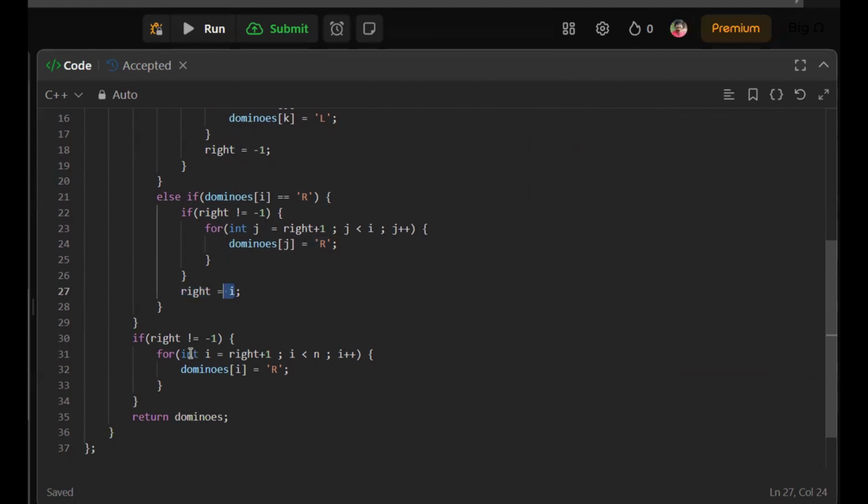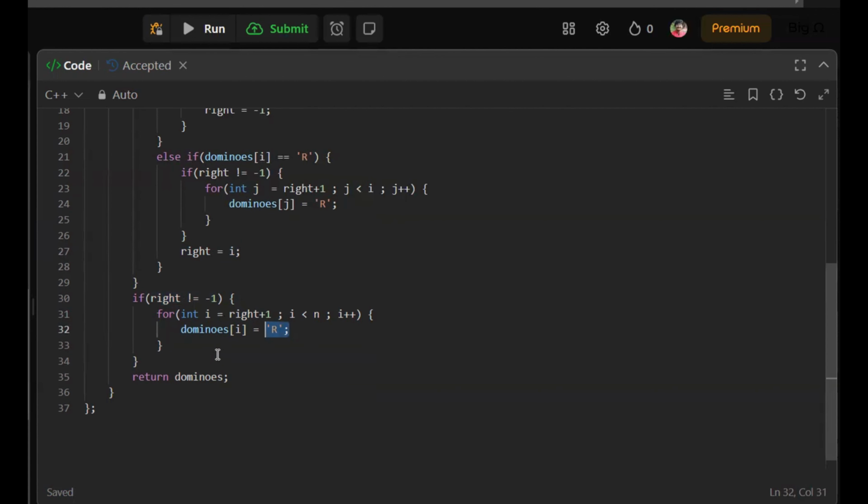Now again, we have to check if our right pointer is not reset till now, the final check. That means we have several elements on the left side that can be moved to the right direction. So here we will make it right. And finally, we will return the dominoes.